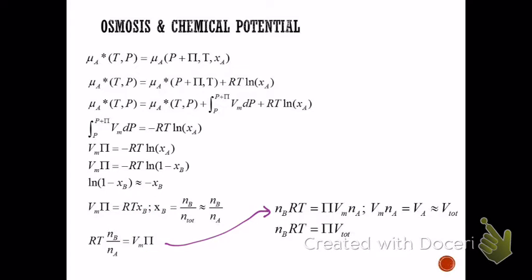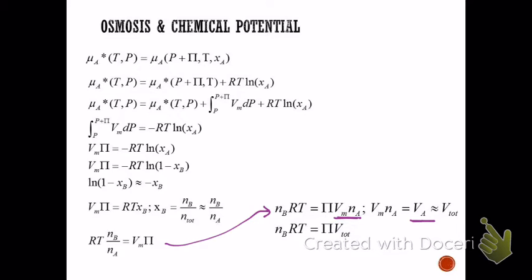All right, so just rearranging that equation, where we bring n sub A over to the right side, we have this product n sub A times the molar volume. Well, that's the number of moles of solvent times the molar volume of the solvent, and that's simply equal to the total volume of the solvent.